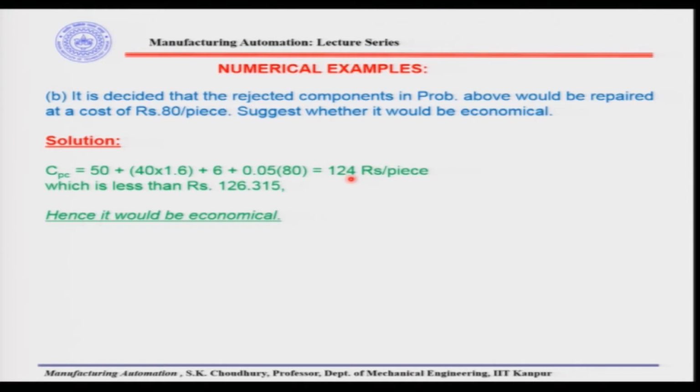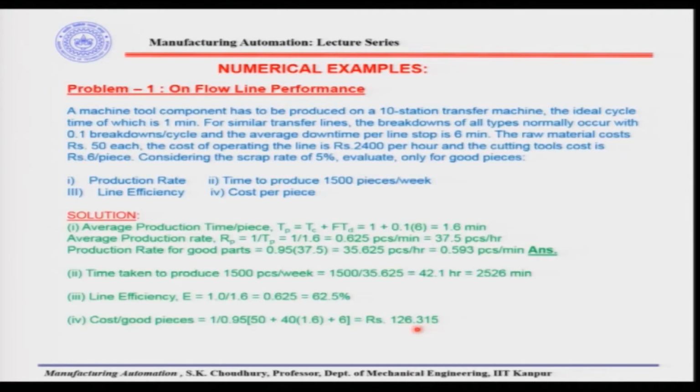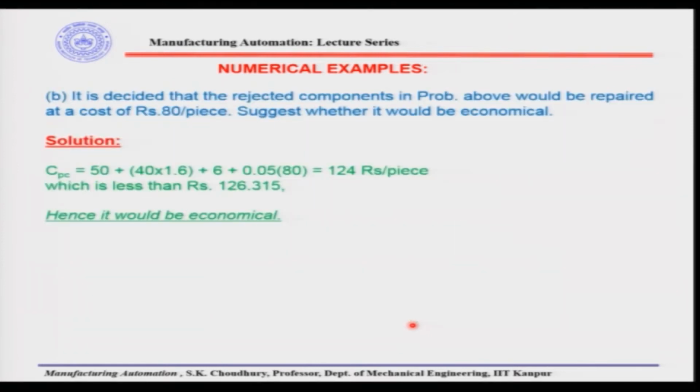So, this is less than 126.315 rupees. Therefore, it will be economical. See, this is the analysis. This example is given particularly for you to have an idea of whether you will actually reject the parts and throw them out, which is what is being done in many cases, or you are going to repair.